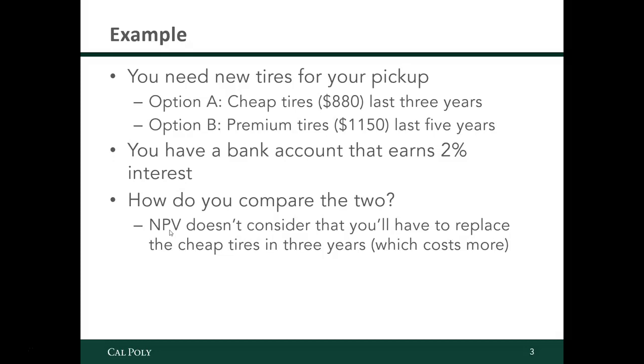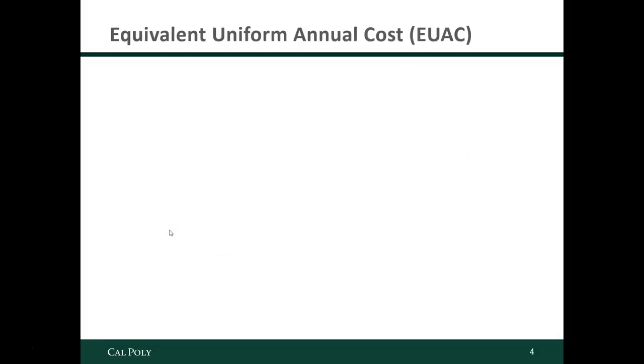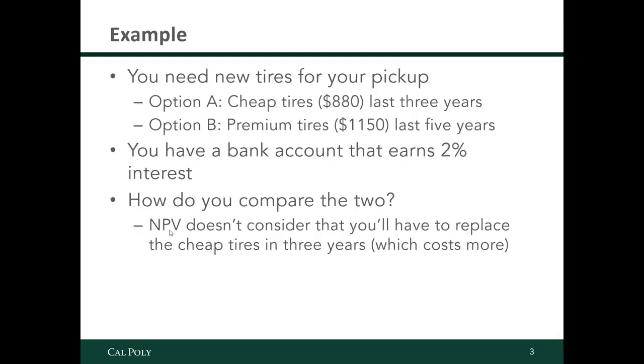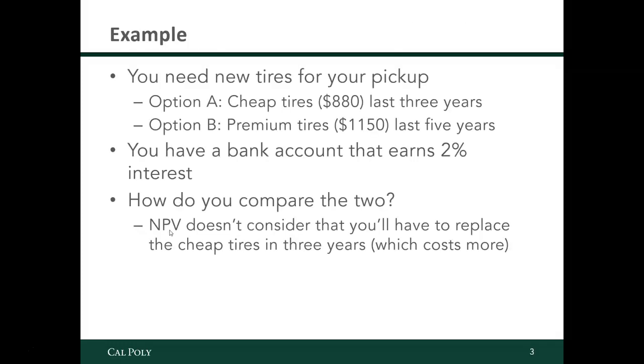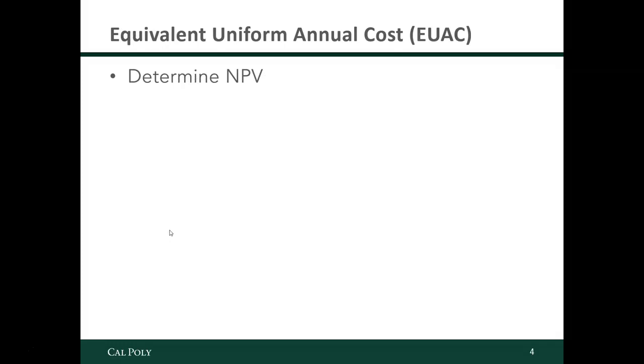Another way that's maybe a little less confusing to think about is using the equivalent uniform annual cost. So the procedure for that is you determine the net present value of that investment. It was $880 for the cheap tires. That's the NPV for A, and the NPV for B was $1150. Determine the NPV.